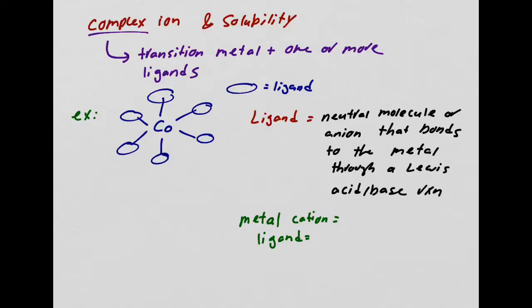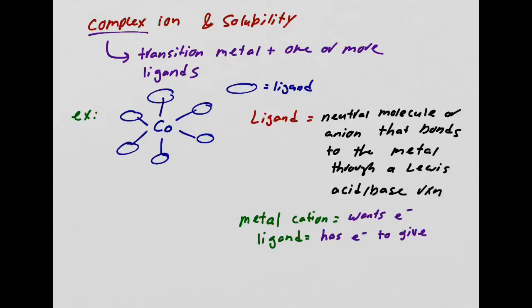Okay, so let's go back for a second. A complex ion is when you have a metal cation that is surrounded by a bunch of ligands. Okay, now a metal cation has a positive charge. It wants electrons badly. Now a ligand has electrons to give. And that's how they are going to be bonded together.